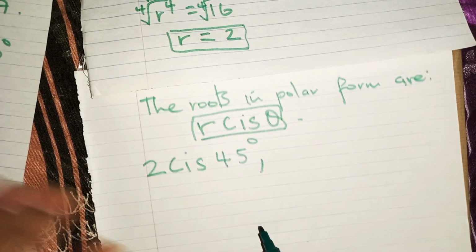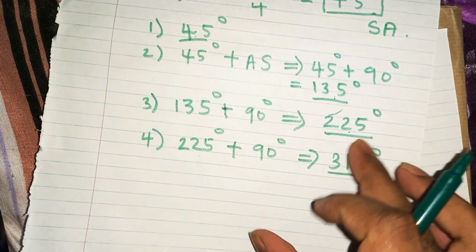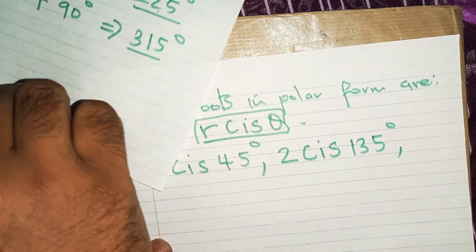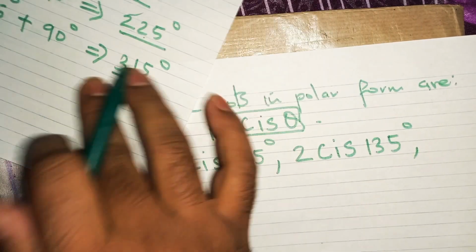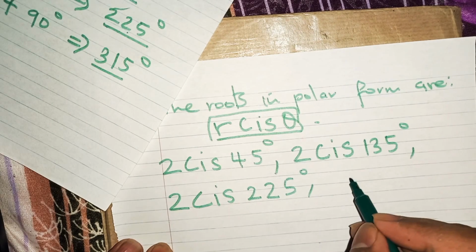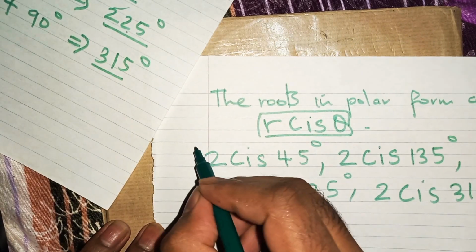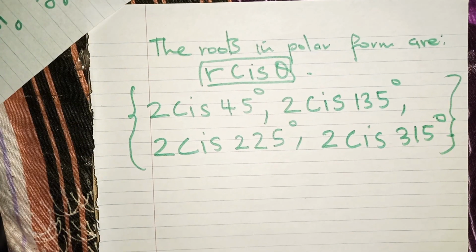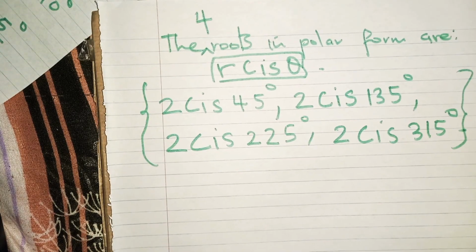The second angle will be 2, because our r is still 2, cis, the second angle was 135 degrees. The third one is 2 cis 225, and the fourth one is 2 cis 315 degrees. So these are our 4 roots in polar form. We can write here the 4 roots in polar form are all of this.